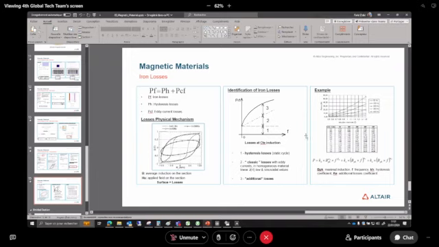In some cases, they are actually due to measurement error. So we have these three parts of the Bertotti model, and this is what we use in Flux Motor.